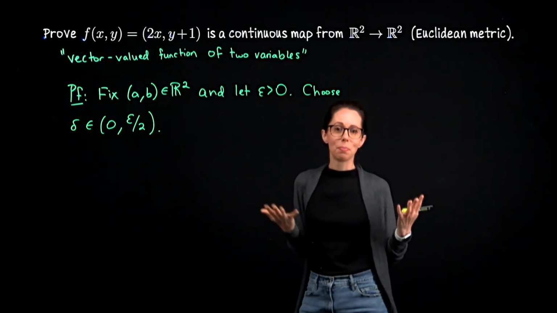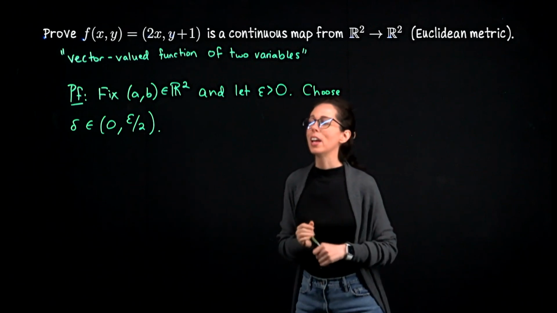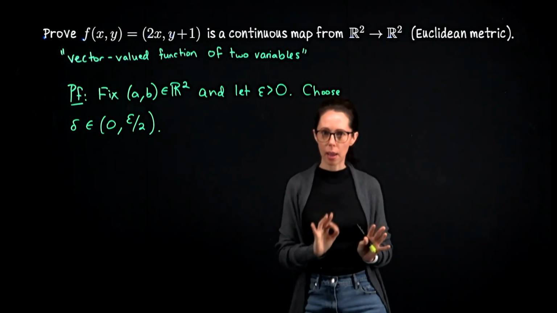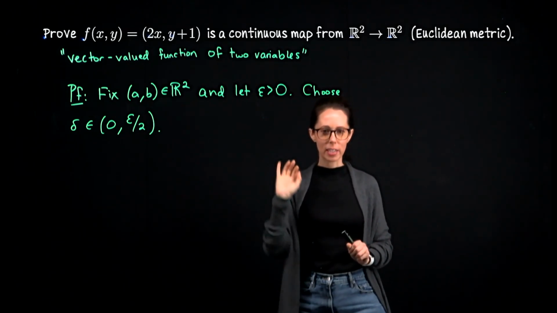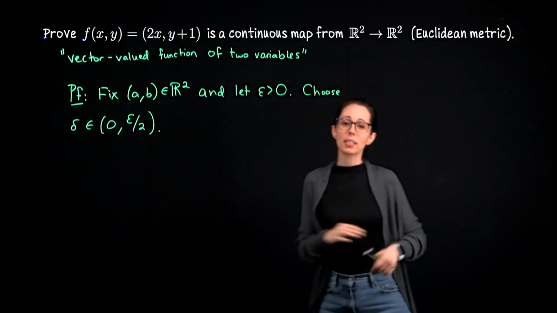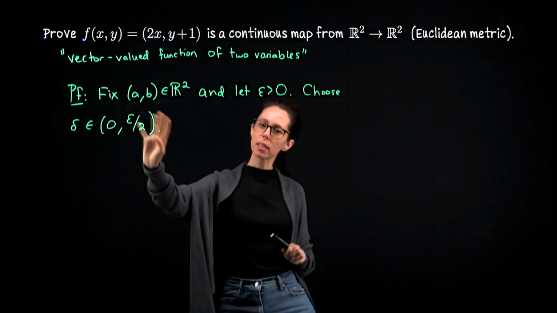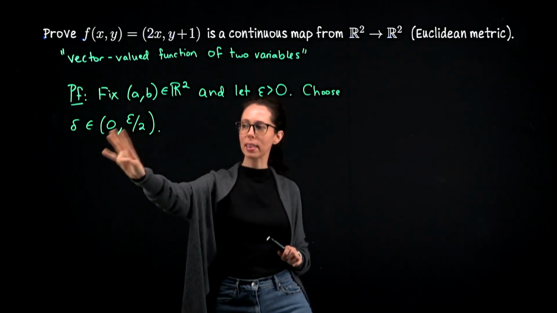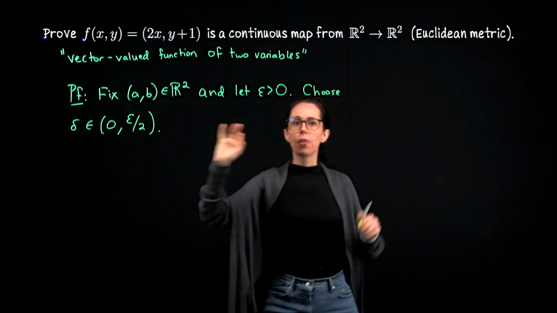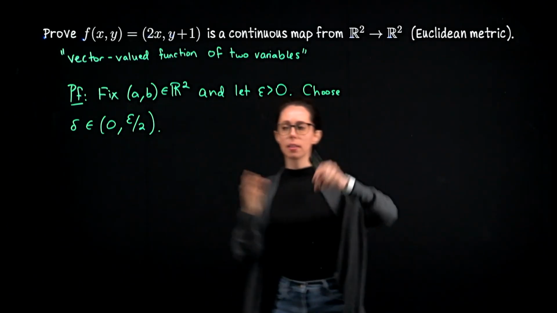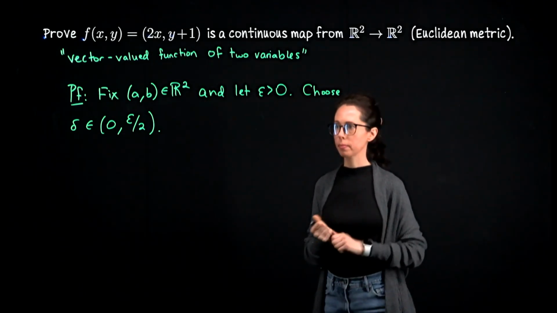Sometimes other people who like to do analysis for fun will say choose delta equal to epsilon over 2. They will have a specific choice of delta, and that's fine too. That's just a different style. However, even though my choice of delta is unspecified, it will work if it's anything between 0 and epsilon over 2. From this moment forwards, delta is now fixed. Okay, so delta has been chosen.